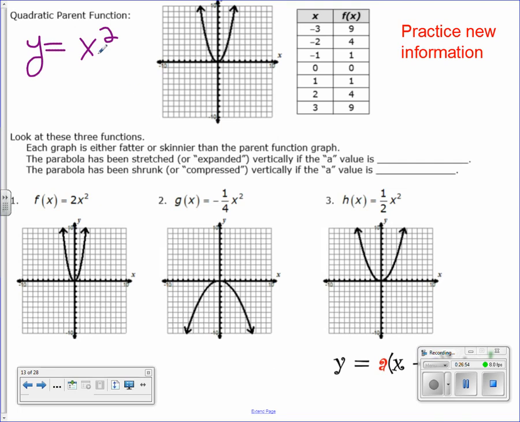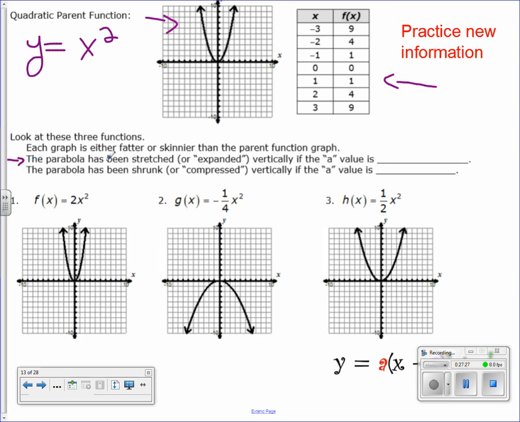Here we have the quadratic parent function on the graph, and it also gives us the table if we were to put it in our calculator. Look at these three functions. Each graph is either fatter, meaning vertical compression, or skinnier, meaning vertical expansion, than the parent function graph. It's asking us to remember what we just talked about.